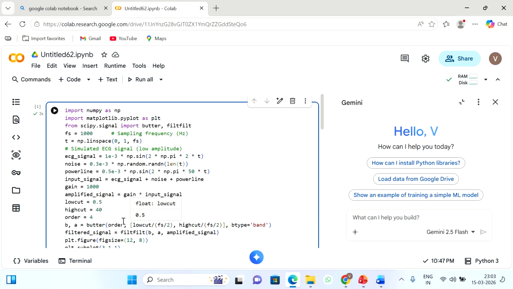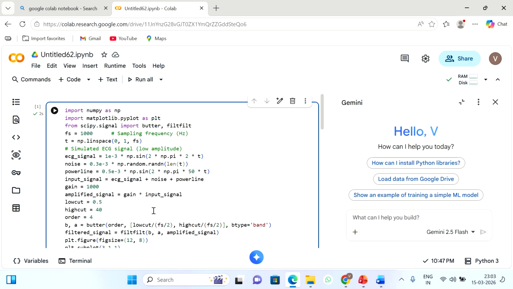So low cut is equal to 0.5, the low cut frequency we know, divided by fs by 2. Already we know fs is 1000, so 1000 by 2 is 500. So 0.5 by 500. In the same way, high cut is equal to 40, so 40 by 500. And btype is equal to band, the Butterworth filter type is band pass filter. And why are we dividing Fs by 2?